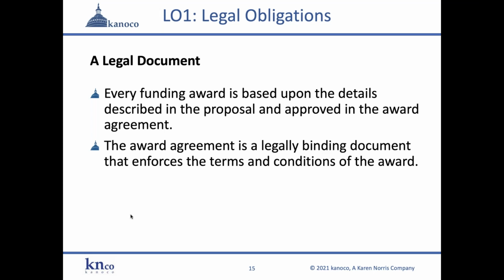The award agreement is a legally binding document that enforces the terms and the conditions of the award. That distinction is very important because it means there has to be a formal process to follow if a change to that award agreement needs to be made.